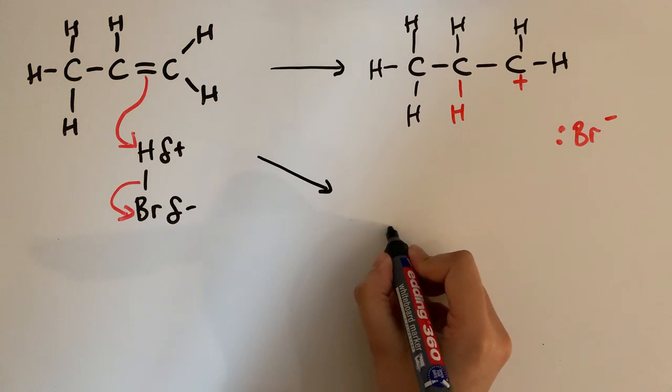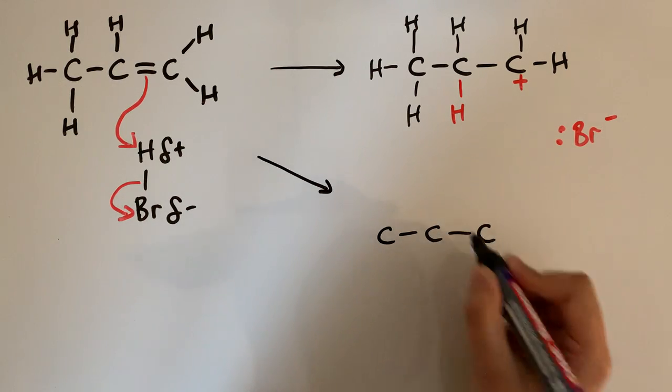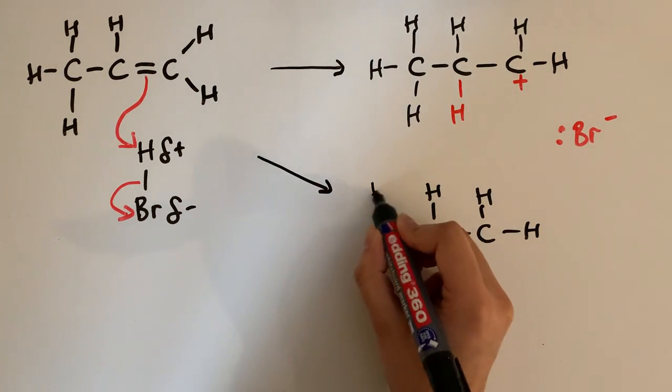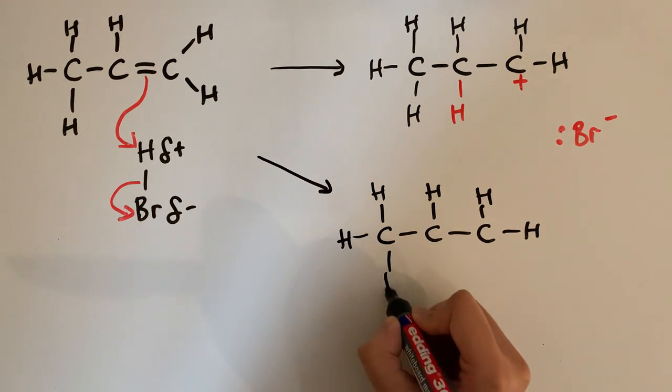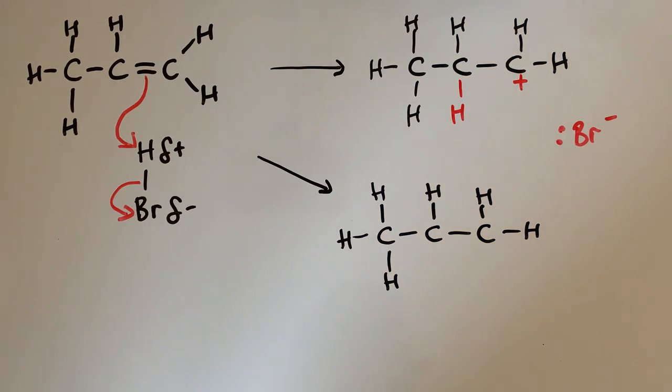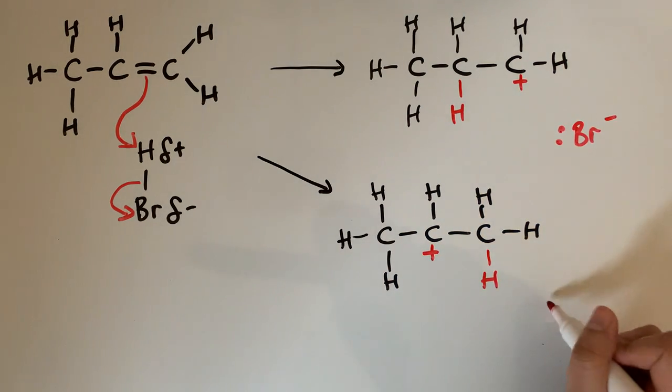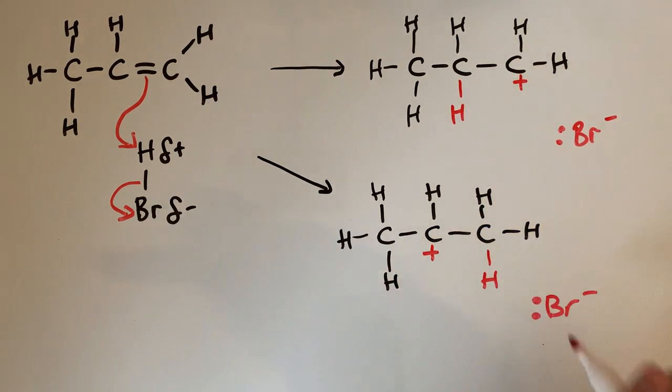Or the other product you could get is this one here, where the hydrogen attaches to that carbon and your carbocation is here. And again, Br negative there. So what we've now got to do is think about which of these intermediates is more likely to occur, because they're not the final product yet.